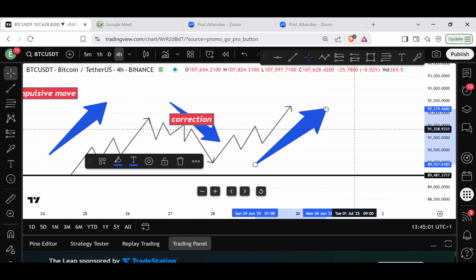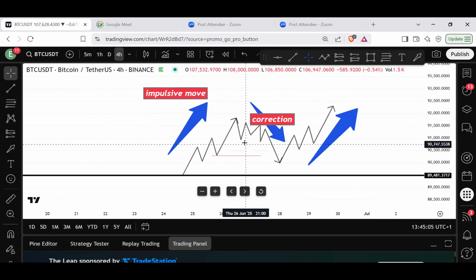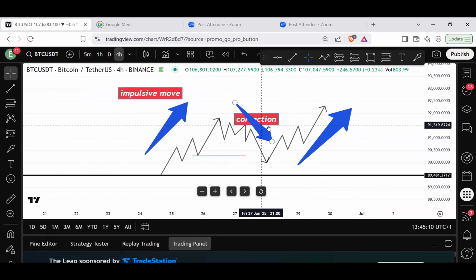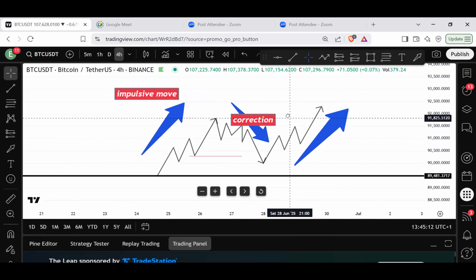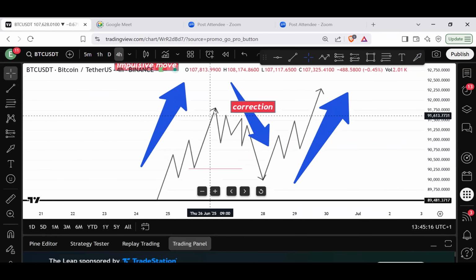That actually became clear to me only today, because after the correction ending I was a bit confused about how it moves next. Now it's clear. So the correction is the end point. Again, the impulsive move will start from there.